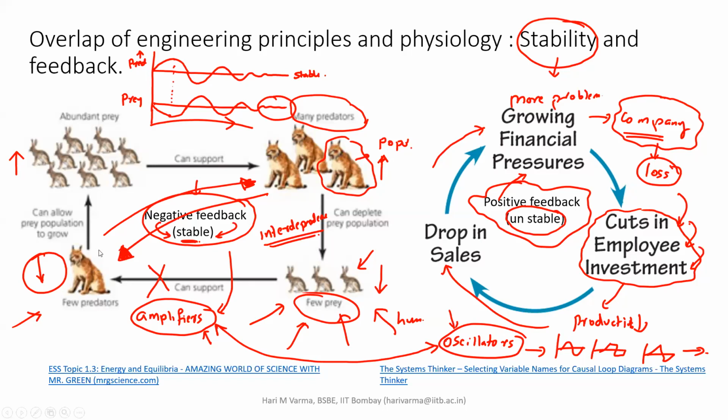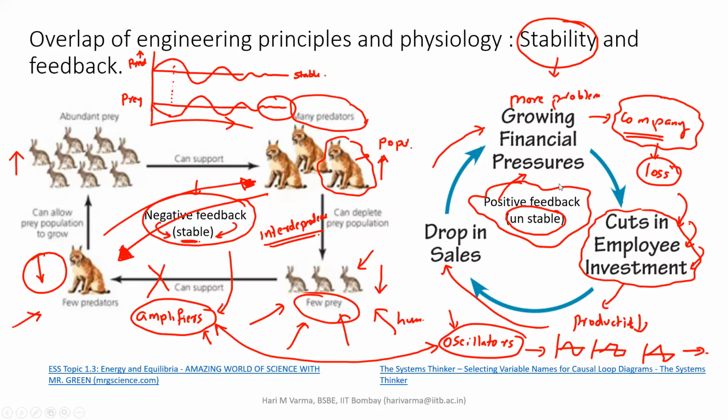Just assume that. Then what happens? An increase in the predator population will give you a dynamics where the increase in the predator population is supported. So that means an unwanted increase in the population is creating more unwanted increase in the predator.